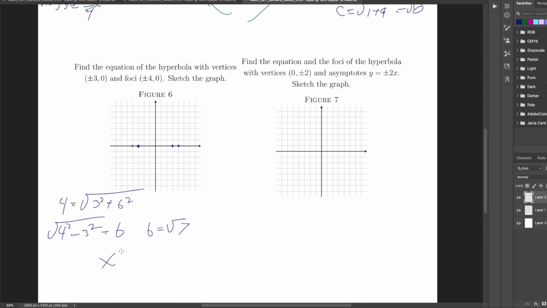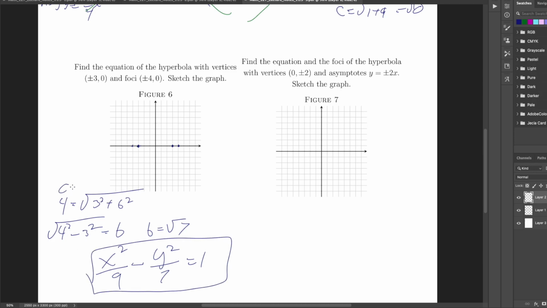And so our equation here would be x squared over 3 squared, so 9, minus y squared over the square root of 7 squared, so just 7, equals 1. And so here's our equation.